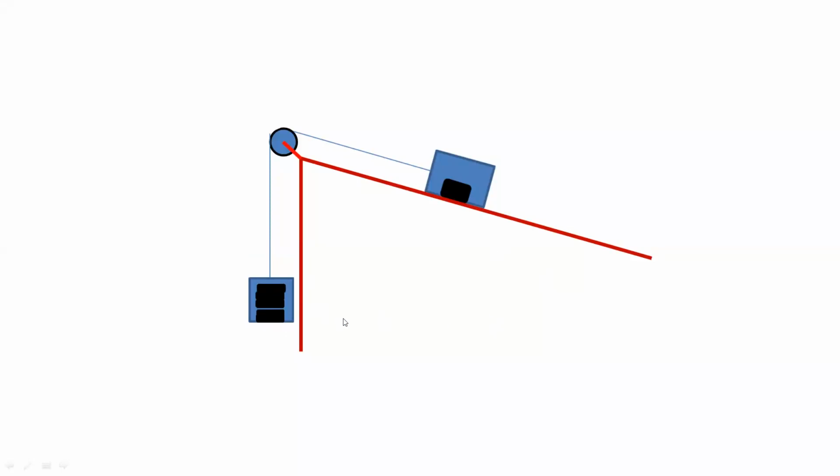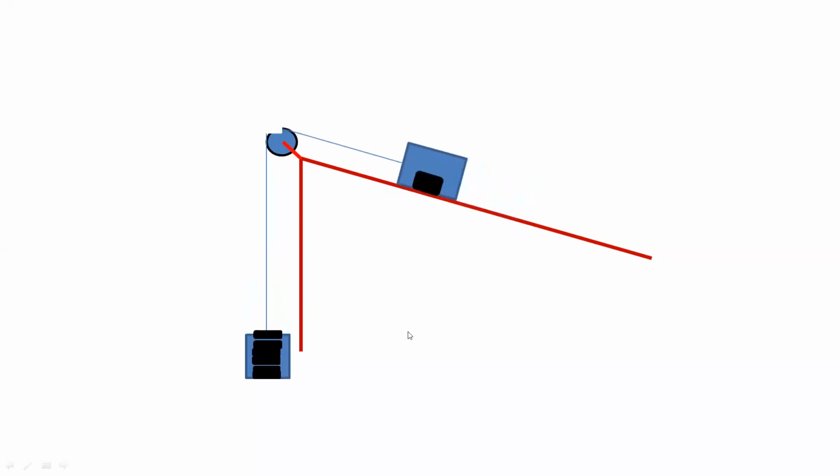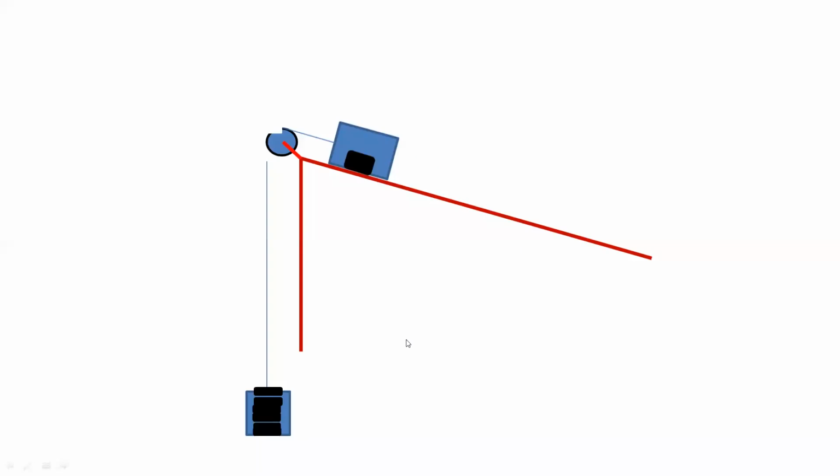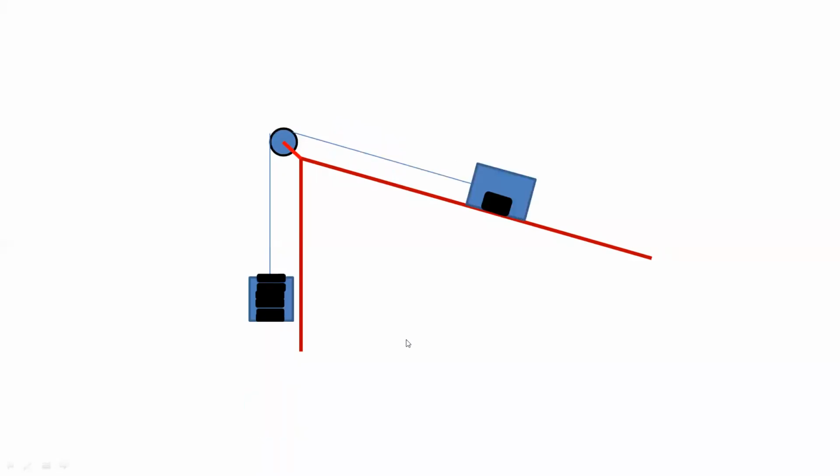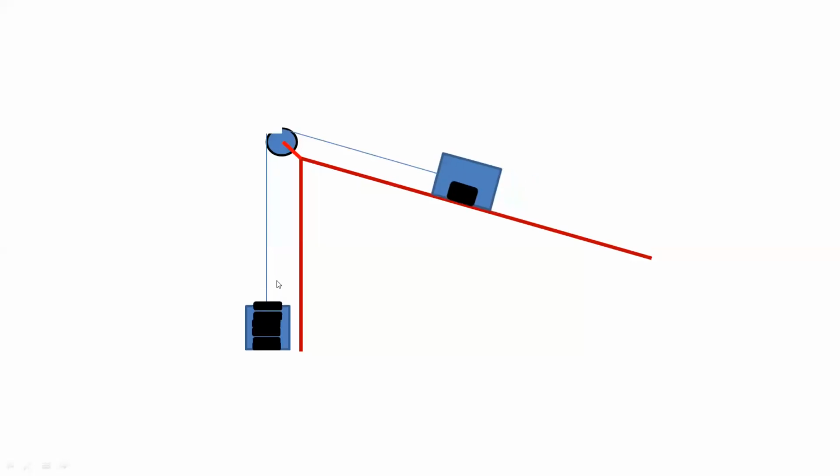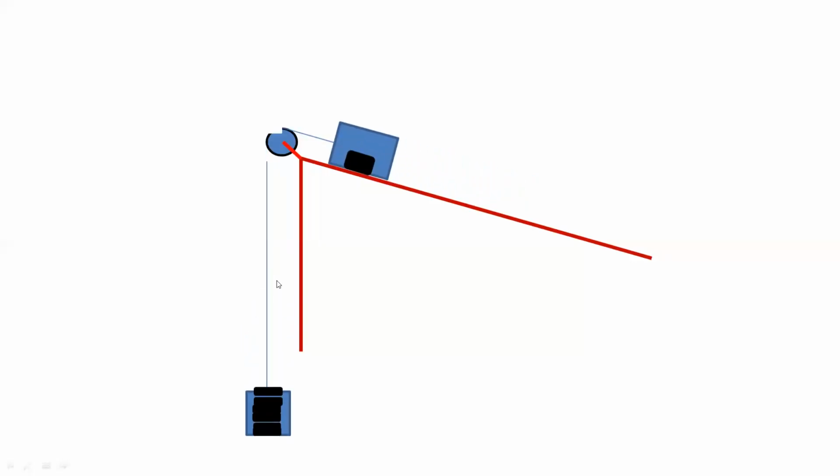And after this, if you add the weight, this is the complete motion. So we need to find out that limiting condition. We have to find out this weight. If you add more weight, then you can see the complete dynamic state.